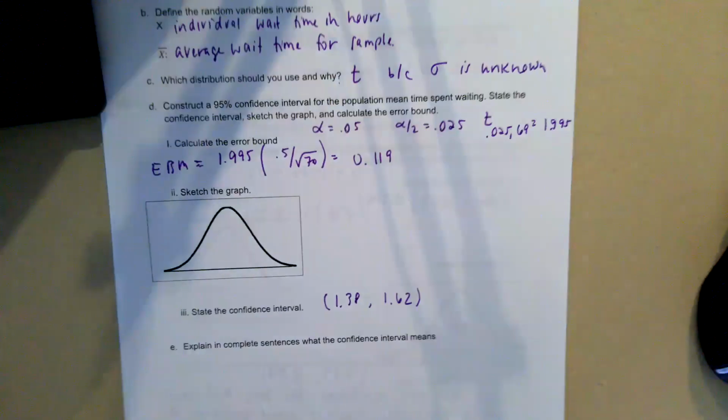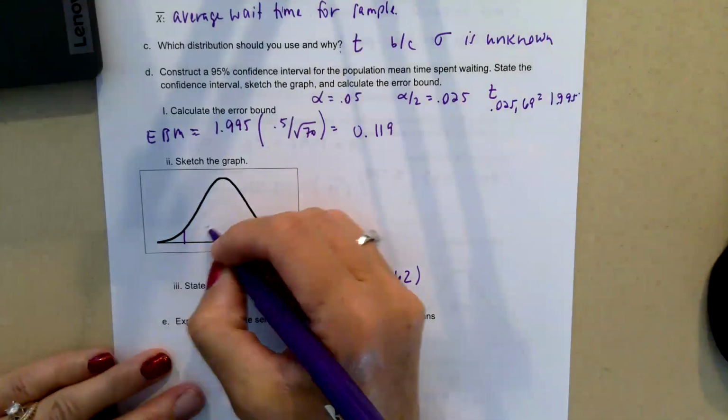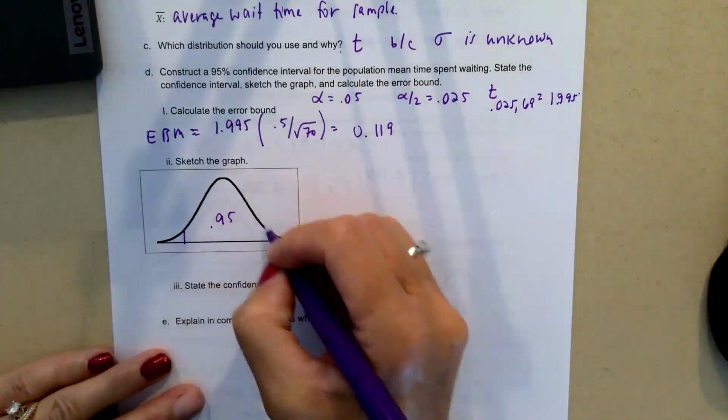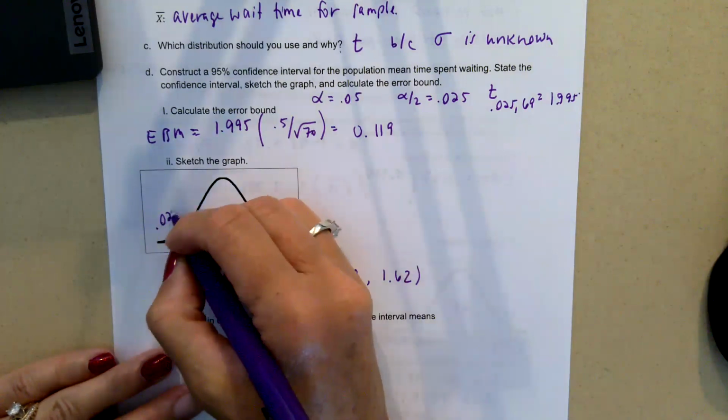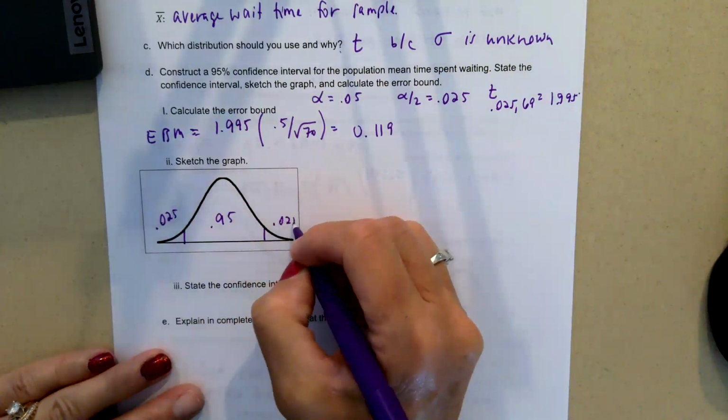I'm not drawing that picture. This is 0.95, and out here is 0.025, 0.025.